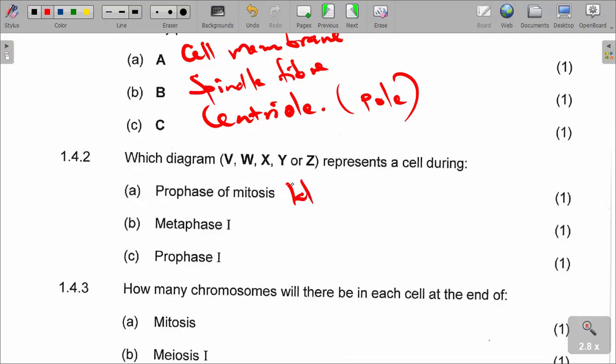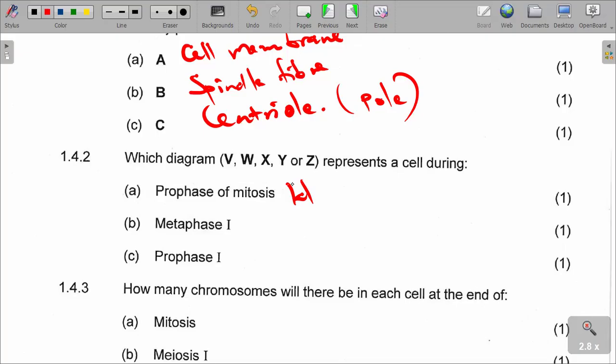Which we say that chromosomes are condensed but randomly arranged, beginning to form spindle fibers, which is one of the typical identities of prophase of mitosis. The chromosomes are usually scattered.